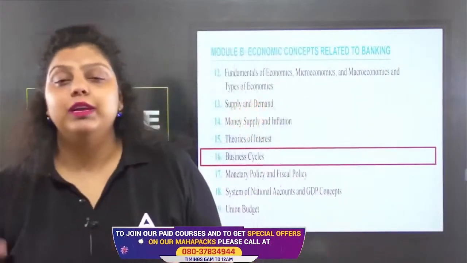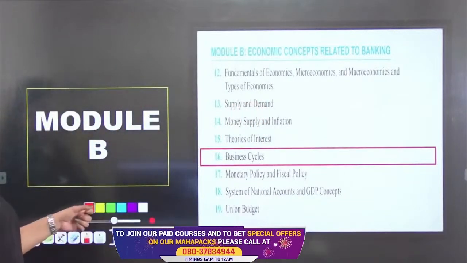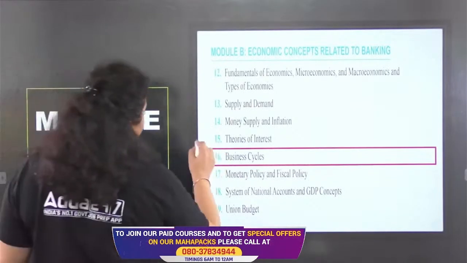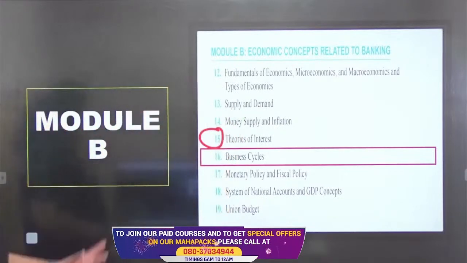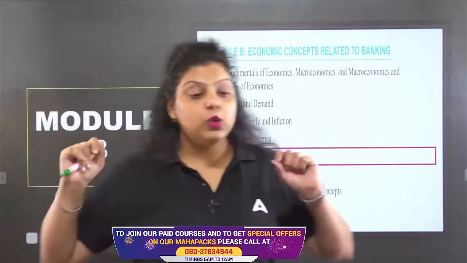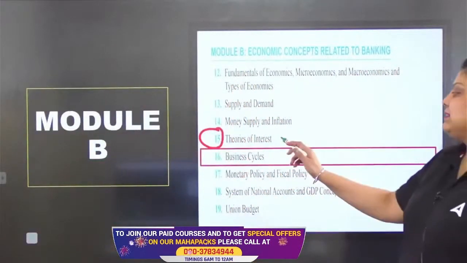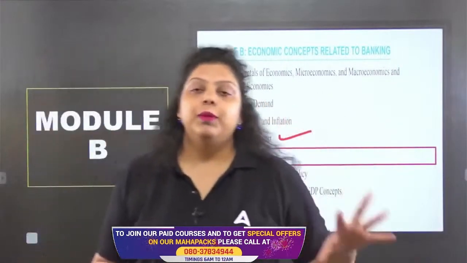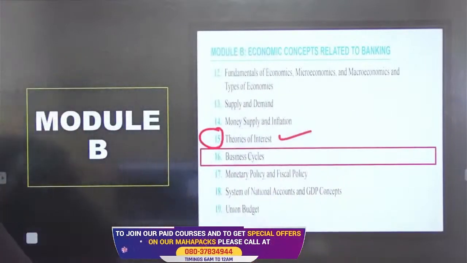It's a very small unit. It's a very lovely unit. You will find it very simple and easy to understand. But one thing I want to add here: in module B, or even if we talk about combined modules A and B, you will find that the 15th unit, that is theory of interest, is the kind of chapter that can give you a fear, that can give you a headache, because it's a little bit tough chapter, because it has a lot of graphs and theories, classical theory, Keynes theory.